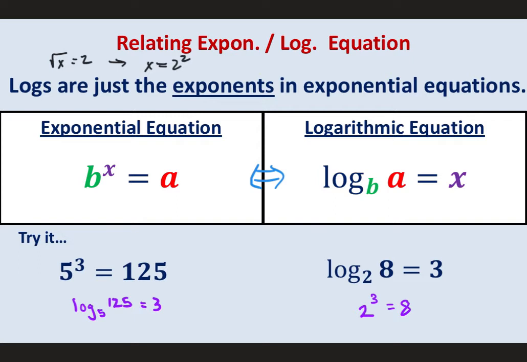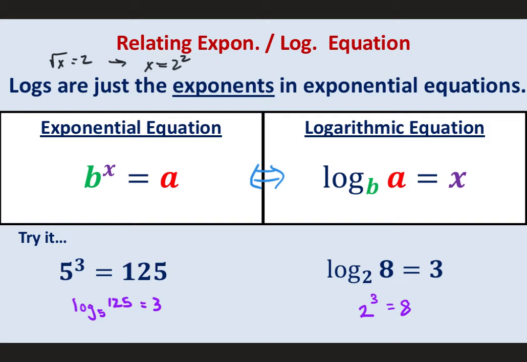All right, so here's the question that I'm going to ask you guys over and over and over when it comes to logs. It's a really nice way to think about it as exponentials. If you're in log form, you say 2 to what power equals what you're taking the log of. So 2 to the third power equals 8. That's how we rewrote it as exponential.